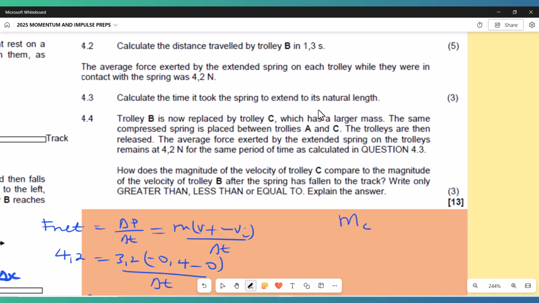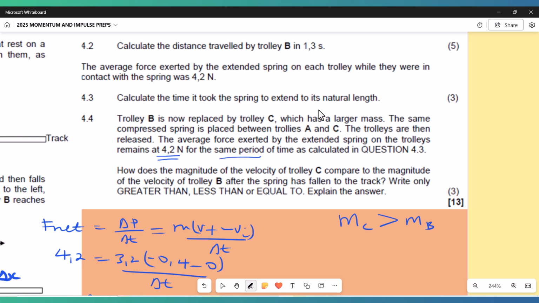The mass of C bigger than the mass of B. And then they said that the same compressed spring is pressed between the trolleys A and C. Then they said that the trolleys are then released. The average force exerted by the extended spring on the trolleys remains 4,2 for the same period of time.